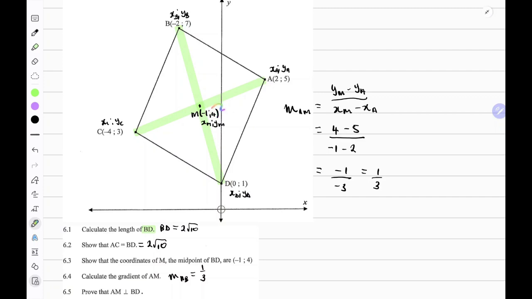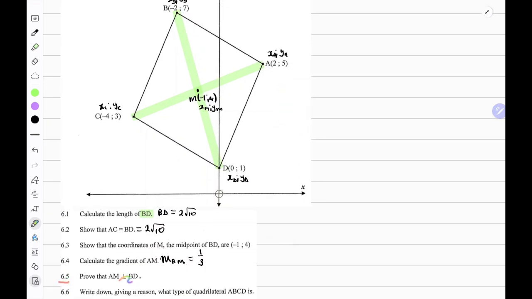And we can see that AM has a positive slope, so we can accept this gradient because it's positive. So the next question says prove that AM is perpendicular to BD. So we need to prove that AM and BD are perpendicular. That is the angle that forms between the two lines is 90 degrees.